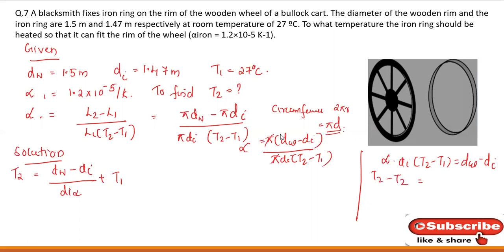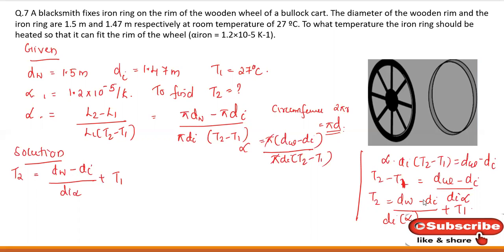So T2 minus T1 is equal to diameter of wooden ring minus iron ring, upon di into alpha. Take T1 to the other side, we will get diameter of wooden ring minus diameter of iron ring by di into alpha, plus T1. Like this we got this formula.